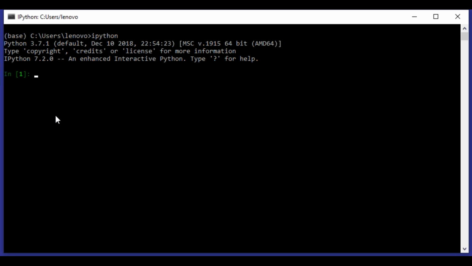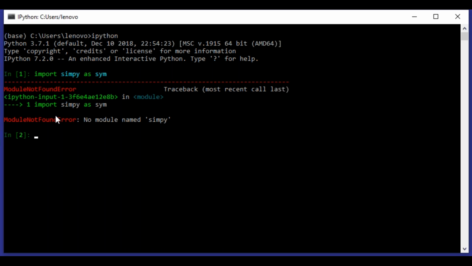Initially, I am importing SymPy for finding the derivative of a function. Therefore, import SymPy as SYM or SP, anything we can use in Python.